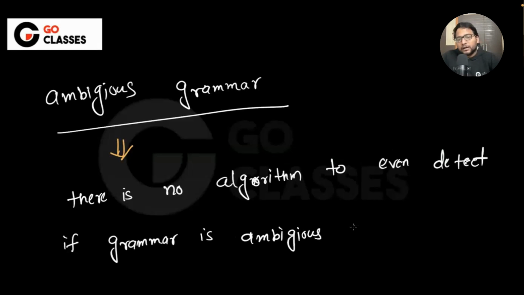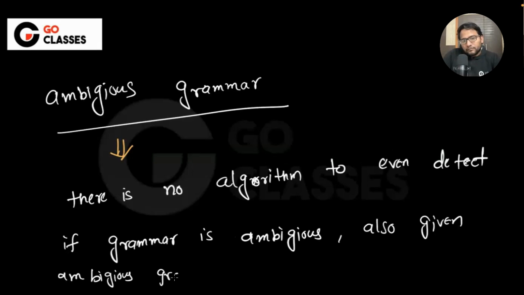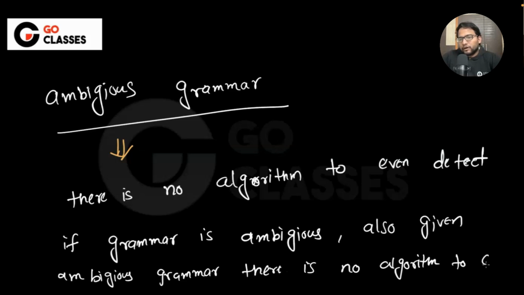And also, given an ambiguous grammar, there is no algorithm to convert it into a non-ambiguous one.